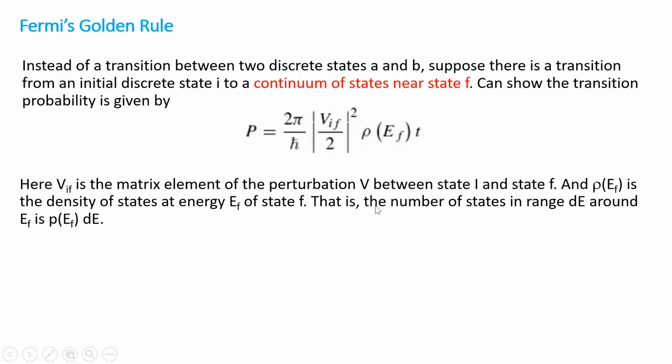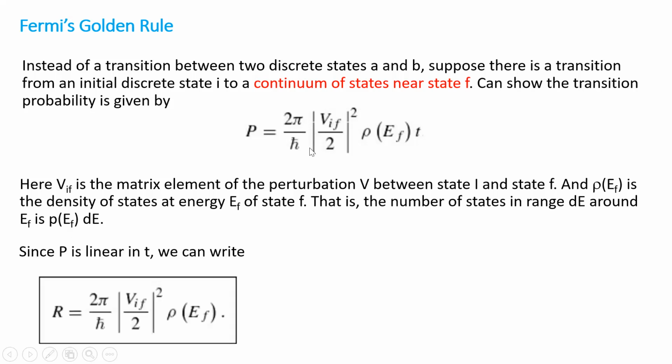Well, by this we mean the number of states in a small range DE around EF would be the density of states rho of EF times DE. So we have to multiply a small interval by this density of states to get the total number of states. That's why it's called the density of states. So the units of density of states rho EF would be 1 over energy. It's the density of states per unit energy.